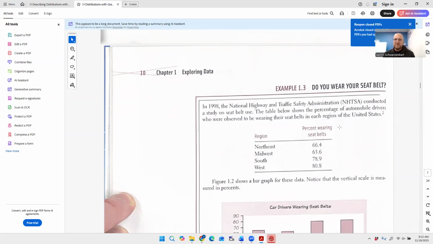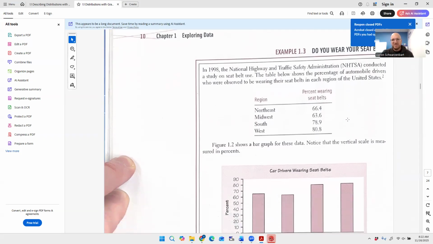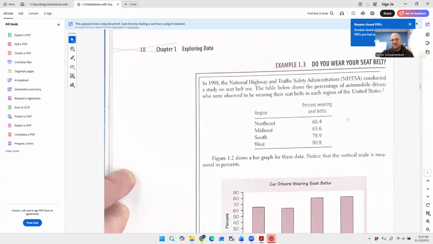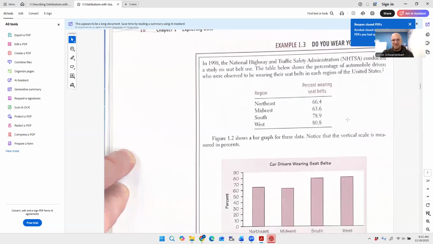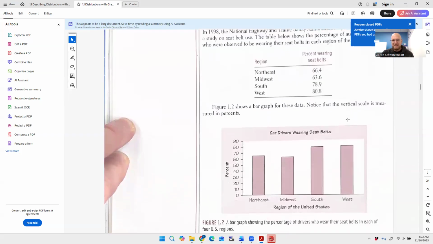So, do you wear a seatbelt? In 1998, the National Highway Traffic Safety Administration conducted a study, and they did it based on regions. The Midwest and the Northeast do not really wear their seatbelts. I was in the Midwest in '98. I did not know it was that low.